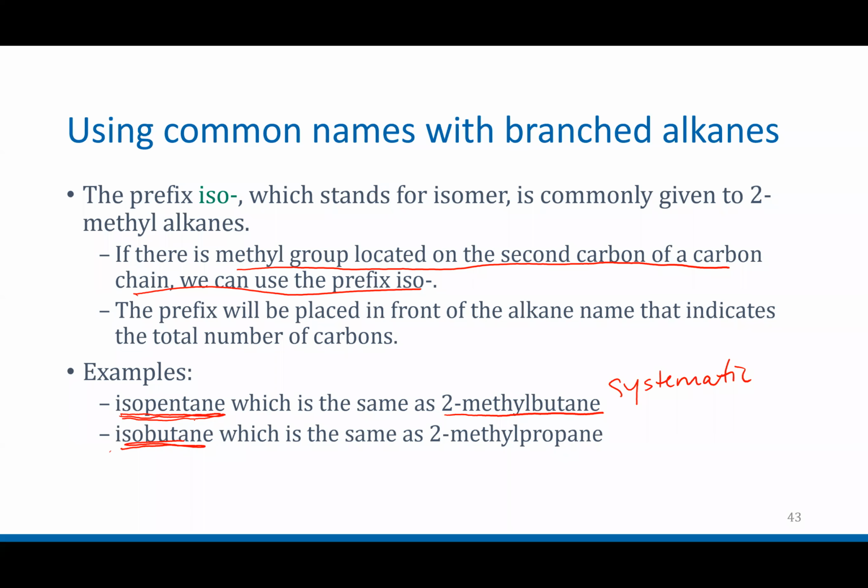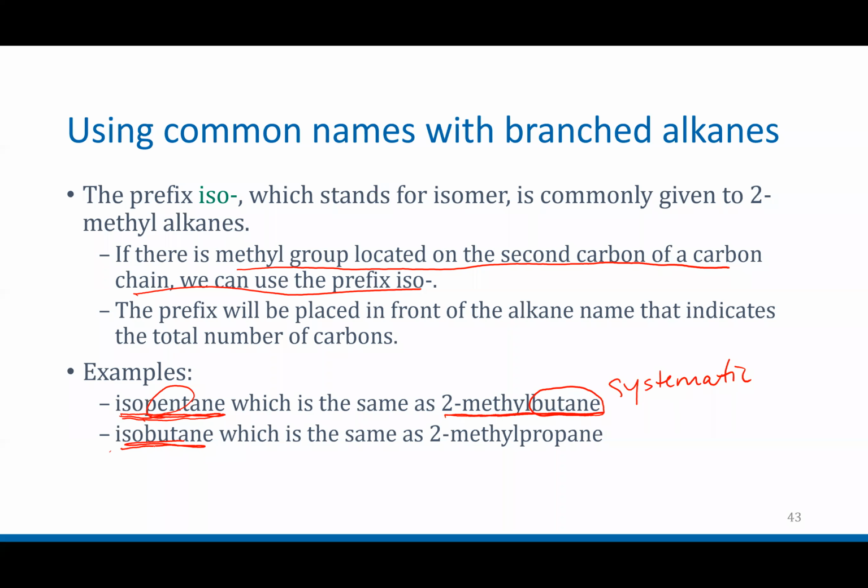And again, if this is confusing, I do have pictures of this coming up. So isopentane means you have 5 carbons, because it has pentane. On the 2nd carbon you have a methyl group, and then you have 4 in the chain.